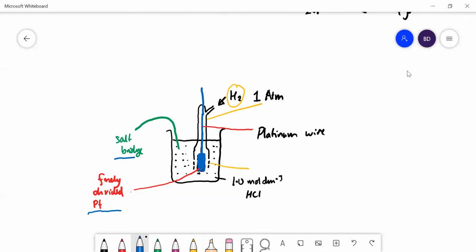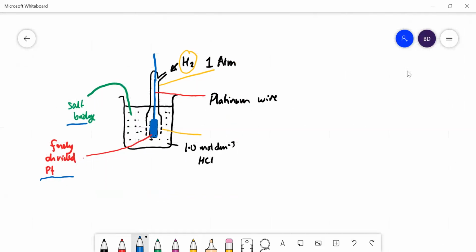Okay, so how do you show that on a diagram? Well, you show it like this. There's your salt bridge, and you put H plus here. That's the oxidized form. Phase change, because the reduced form, hydrogen, is a gas, and that was an aqueous solution. And then you know the phase change, and you've got platinum, Pt.